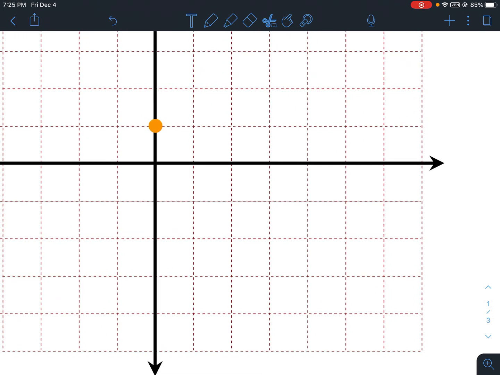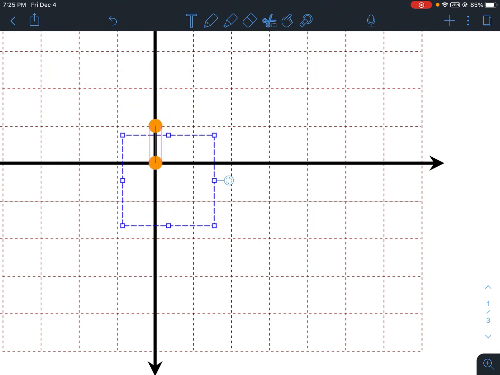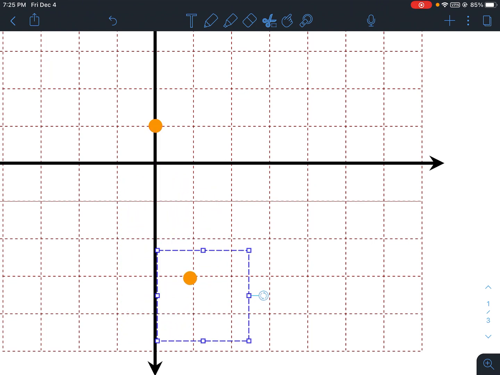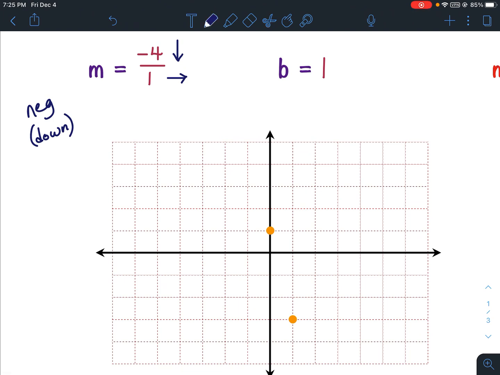I'm going to zoom in a little bit. My slope is -4, so -1, -2, -3, -4, down 4, to the right 1. I can't go down 4 more, so I'm done going that direction. The opposite direction is up and to the left.